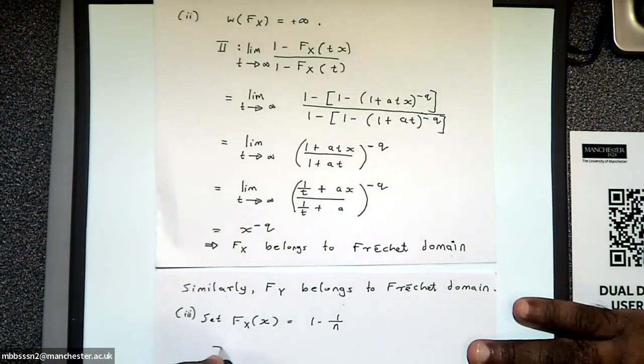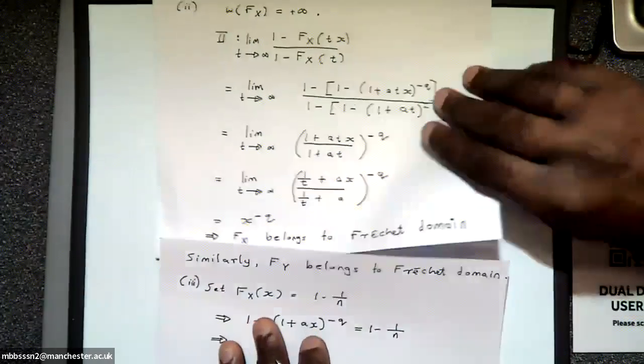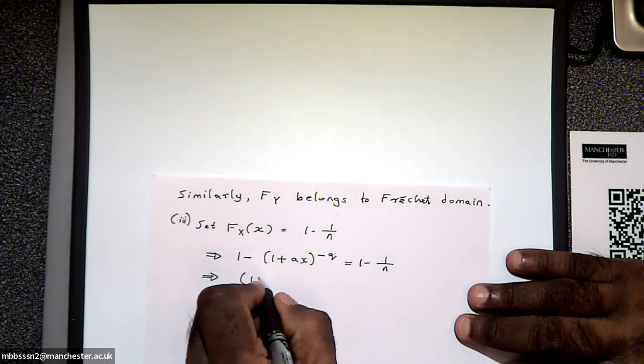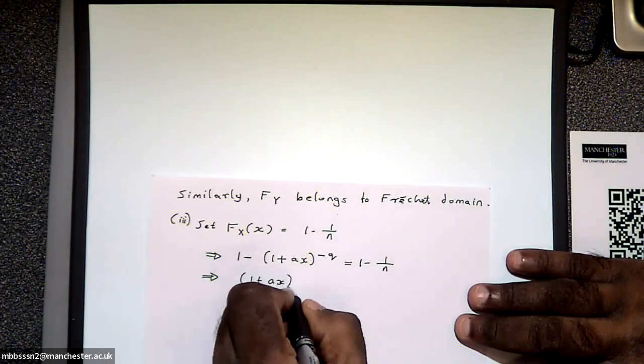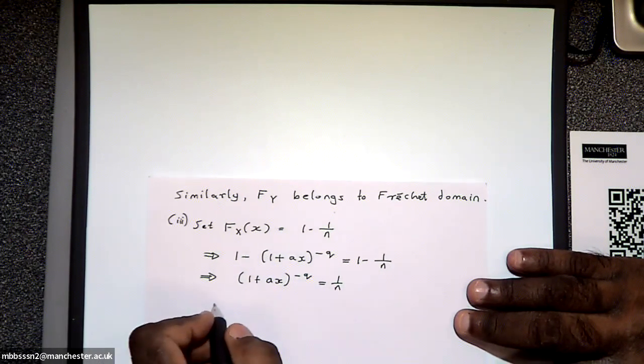So this implies that, excuse me, let me take this over. So this implies that 1 plus ax to the power minus q is 1 over n. Correct me if I'm wrong.